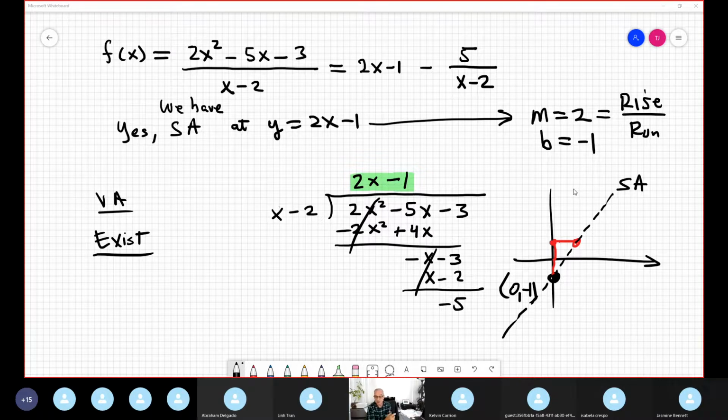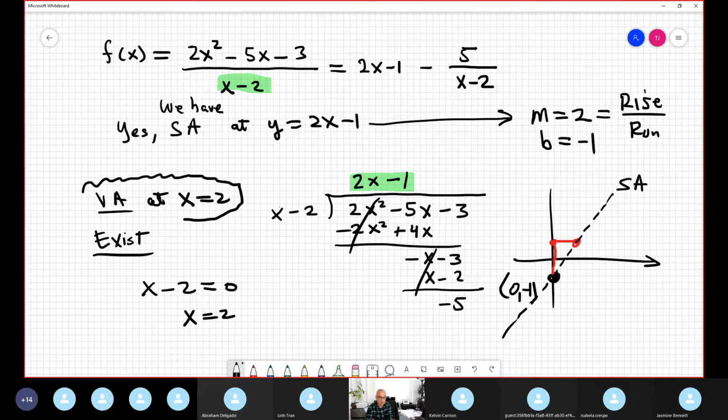Okay, to find the vertical asymptote, the only thing you should do is take the expression in the denominator, which is x minus 2 equal to 0. Then at x equals 2, we have a vertical asymptote.